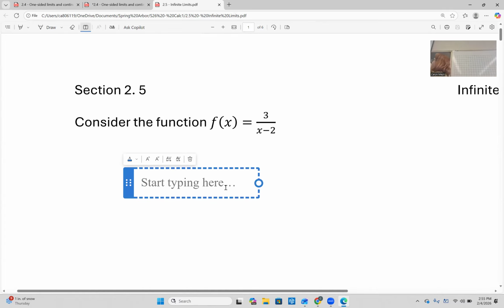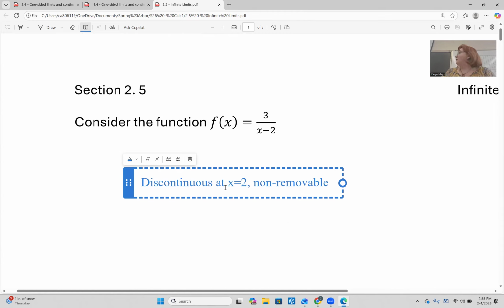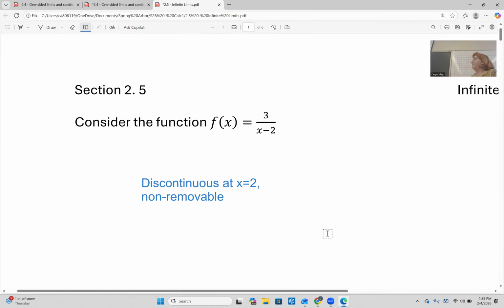I can't plug in 2 because I can't divide by 0. So this is discontinuous at x equals 2. Is it a removable or non-removable discontinuity? Non-removable, I can't cancel it away. So it's going to be obvious in our graph that there is a discontinuity.